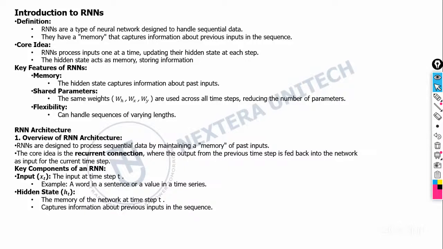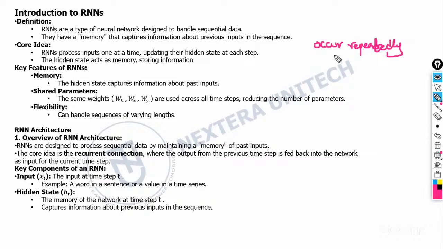So the name recurrent in recurrent neural network talks about occurring repeatedly. What exactly are you going to repeat time and again? That we'll understand as part of RNN architecture, right?